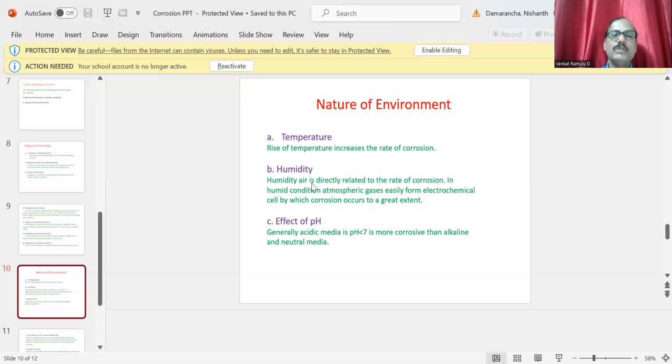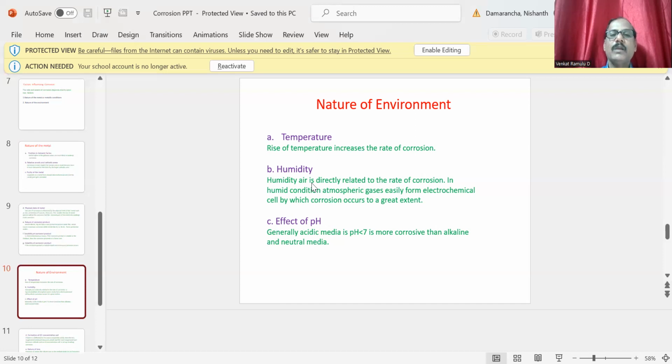Then number 2, which is very crucial, that is humidity. Humidity in air is directly related to the rate of corrosion. In a humid condition, atmospheric gases easily form an electrochemical cell by which corrosion occurs to a great extent.